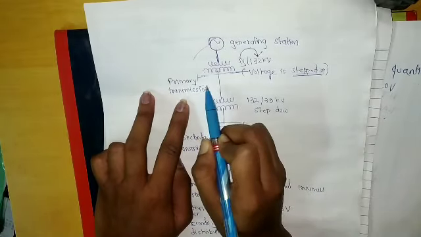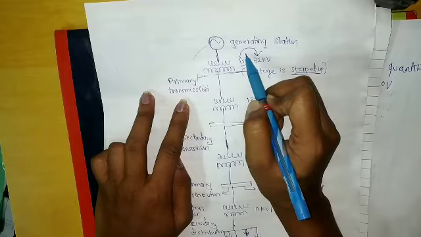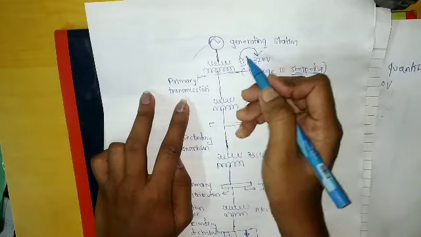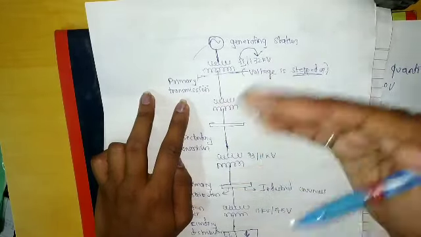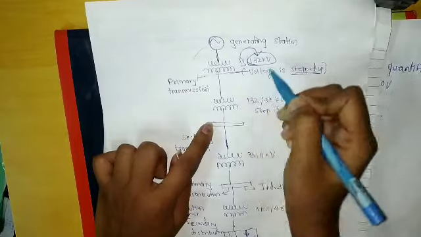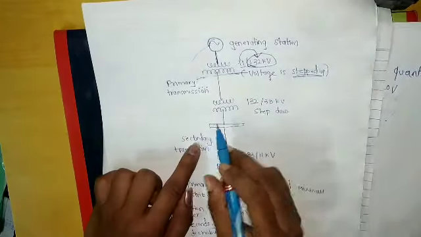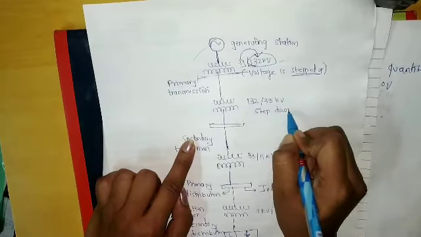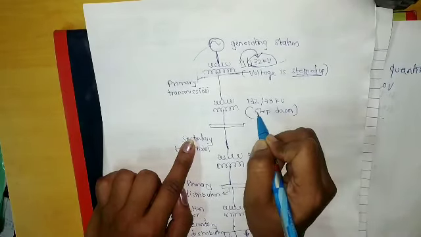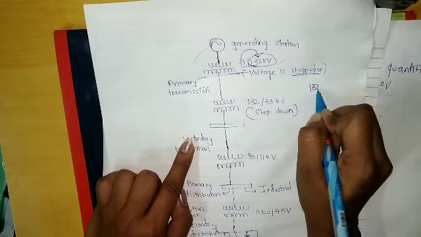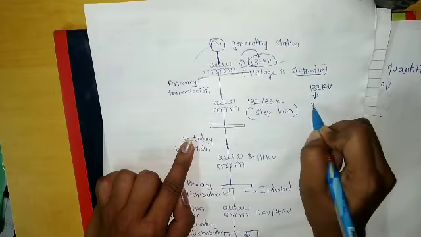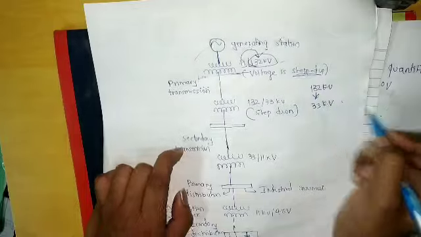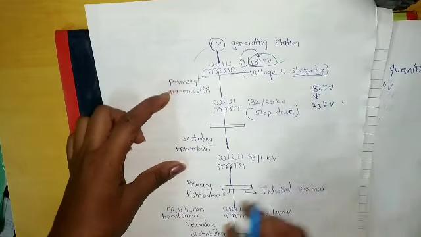In primary transmission, the 11 kV electricity that is generated is stepped up to 132 kV. Now in secondary transmission, this 132 kV is again stepped down, right? From 132 kV it is brought to 33 kV. So this is about transmission. Now distribution.